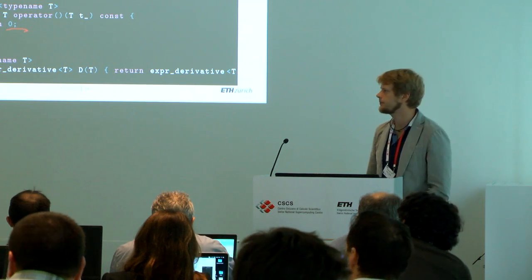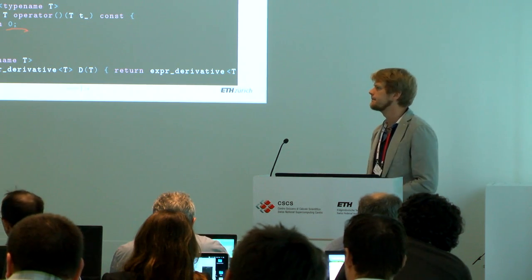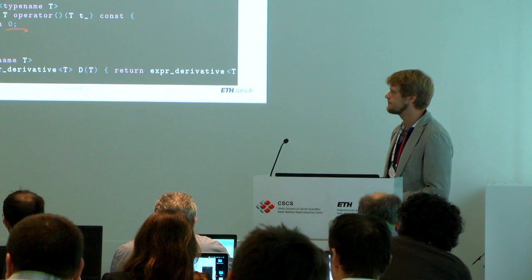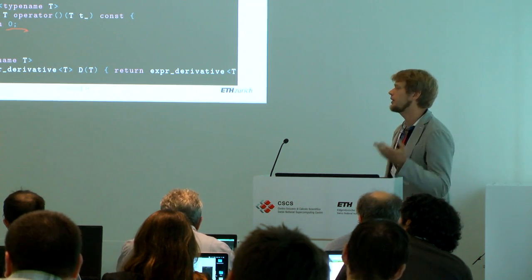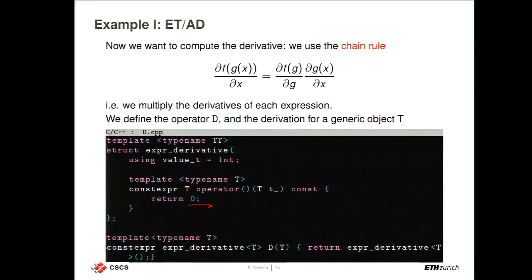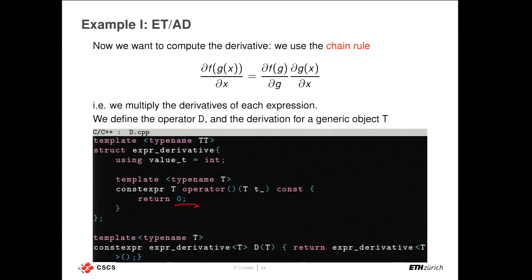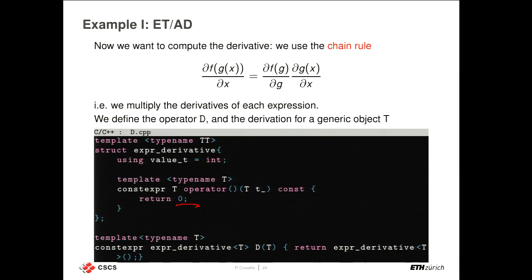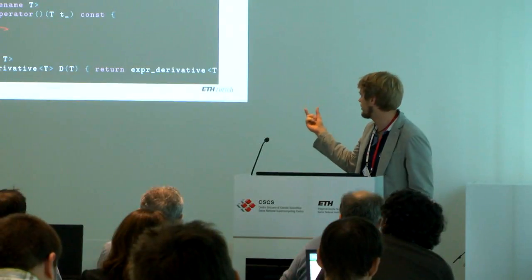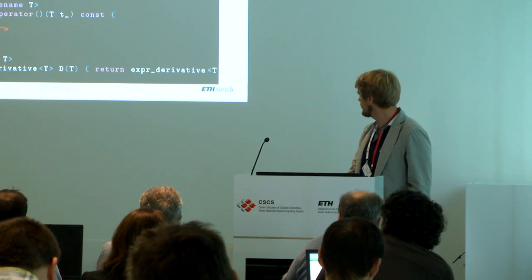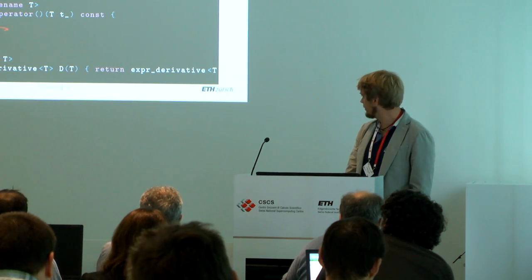If you return T with empty curly braces, it will return the default constructed T, and you have to be sure that that is the null element of your algebra. And then you have to do the same for the 1. But in this case, from now on, we work with numbers or things which can be cast to numbers.